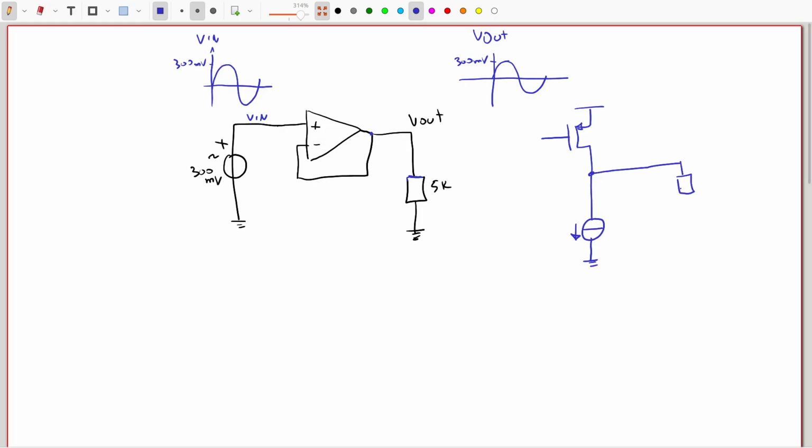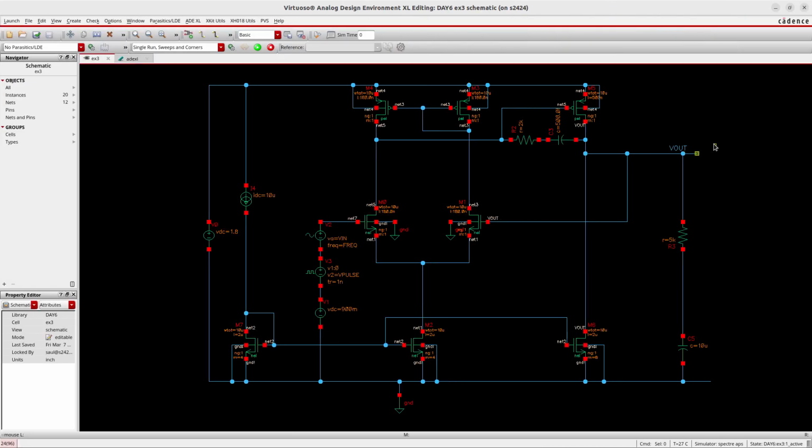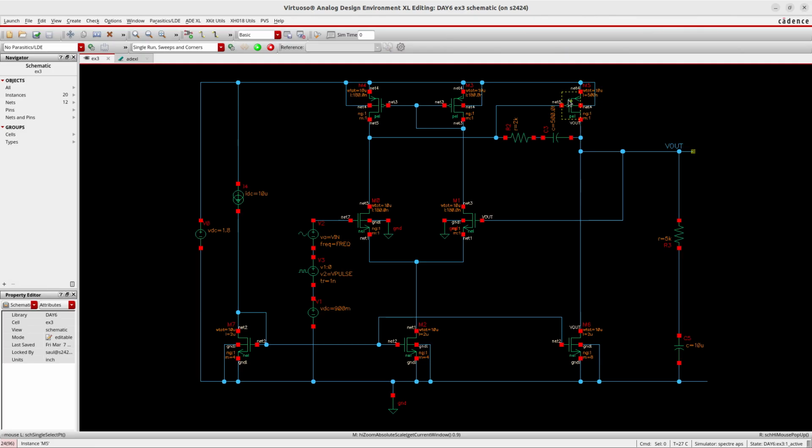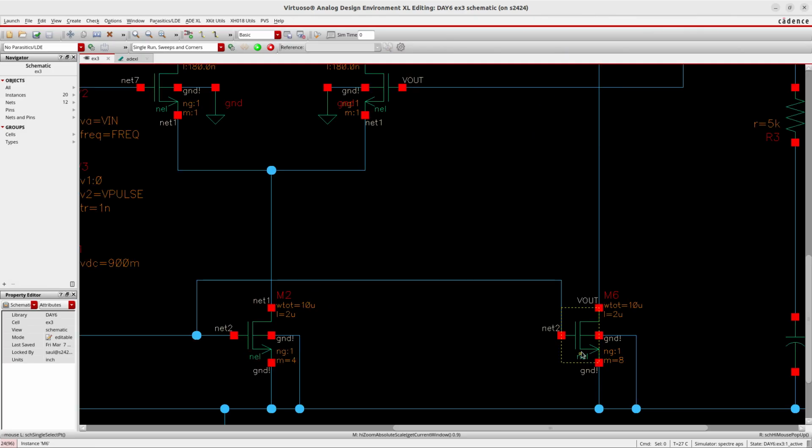Okay, so as I mentioned before, this capacitor is just to stop the DC currents, and it will get charged with the DC voltage at the output, so there is no DC current flowing through this resistor. Now what is important here is the following. If we see our circuit, we have this PMOS transistor here, M5, and then from the current mirror we have M6.